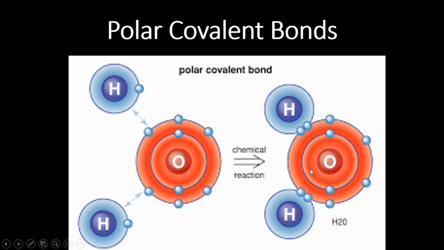And oxygen is going to have a partial negative charge because of that, and the hydrogen atoms are going to have partial positive charges. So again, the electrons are being shared in a polar covalent bond, but they're not being shared equally. And then a charge will start to develop on some of these atoms.